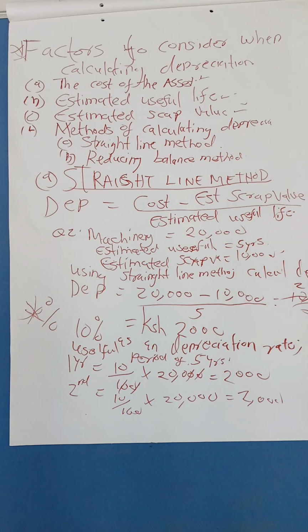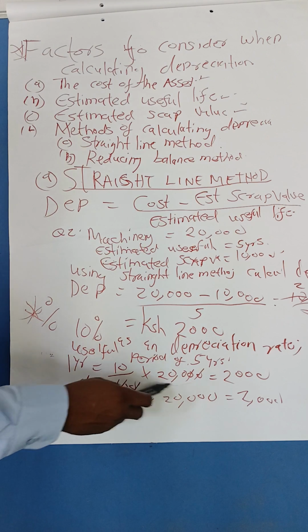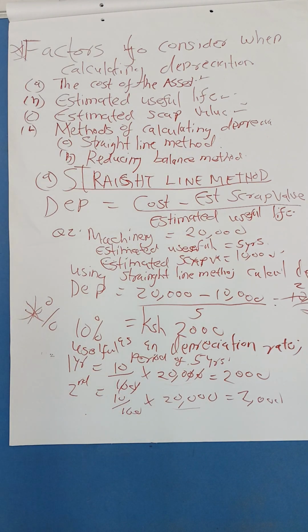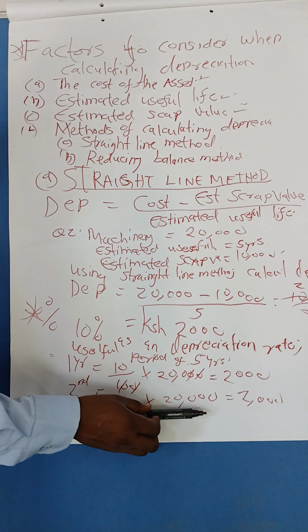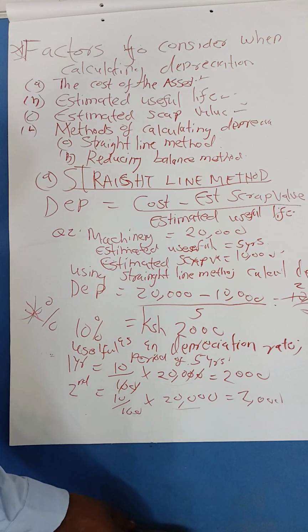Now I want to do another one which is very interesting, relating to this one of the percentage form. In the reducing balance method, the book value will not remain at 20,000 the way it does here, where it remains constant.